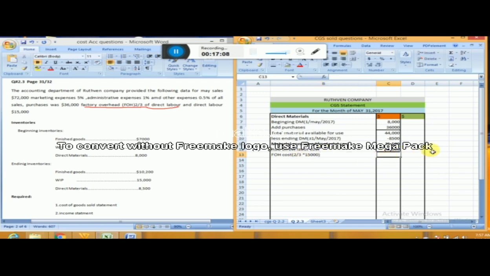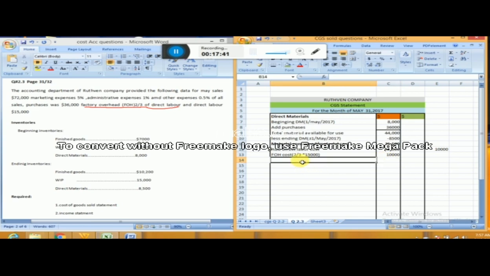So now we will apply the formula here. It is equal to 2/3 multiplied by 15,000. In this way we can find out the FOH, which is equal to 10,000. So now this 10,000 is the FOH cost.